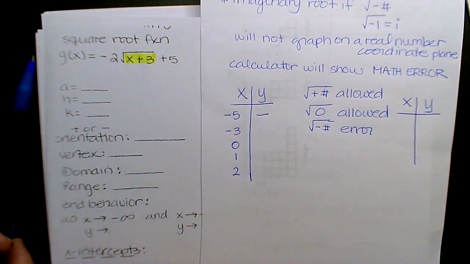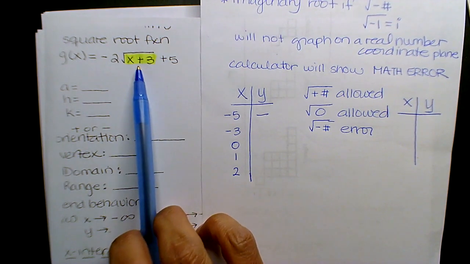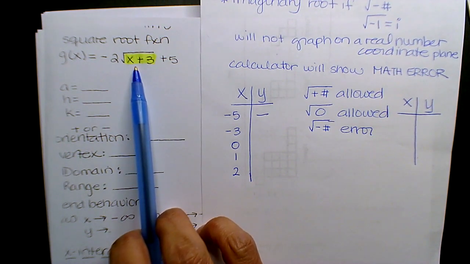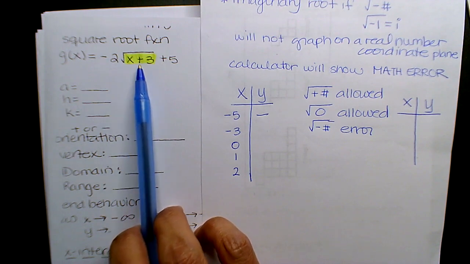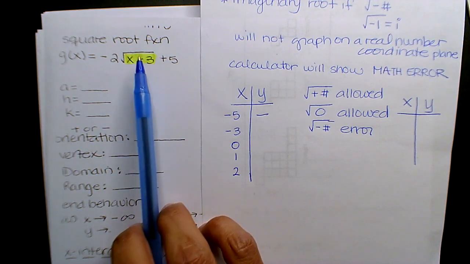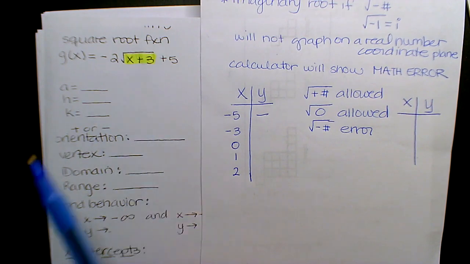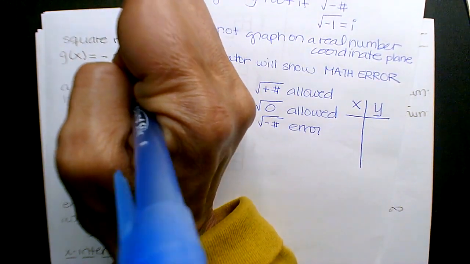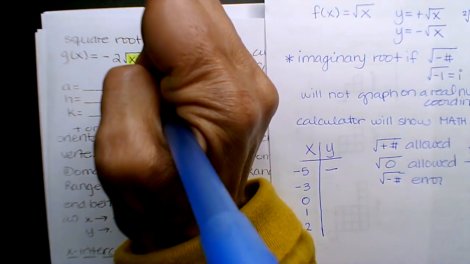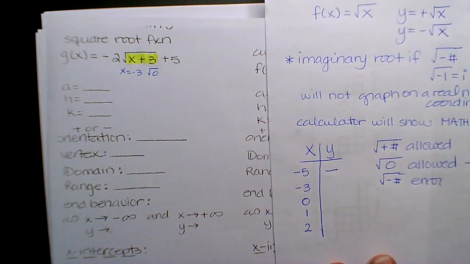Set that equal to 0 because that is your first value. Remember, 0 is a positive number. It's always positive. So what makes this radical a 0? -3, right? Because what's -3 plus 3? 0. So I know that at x equals -3, that's where my radical is 0.